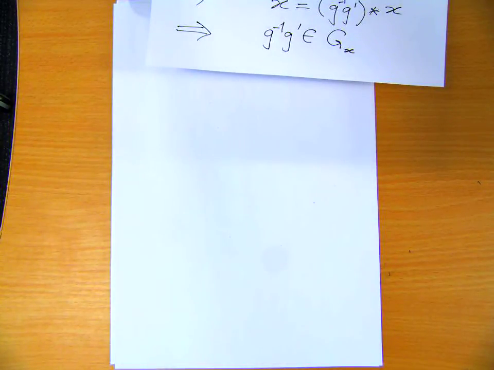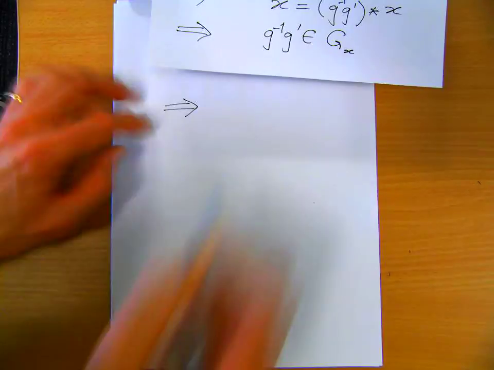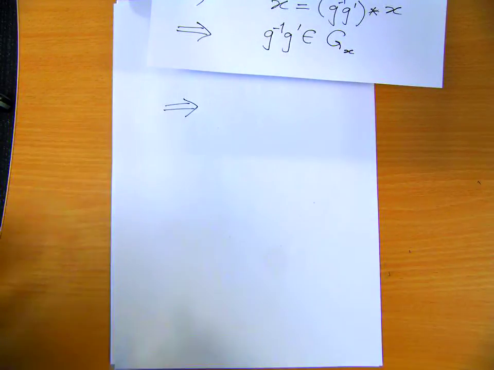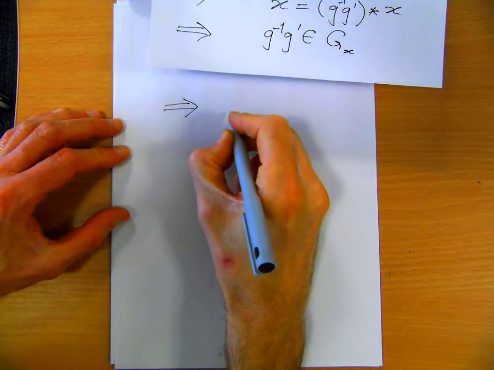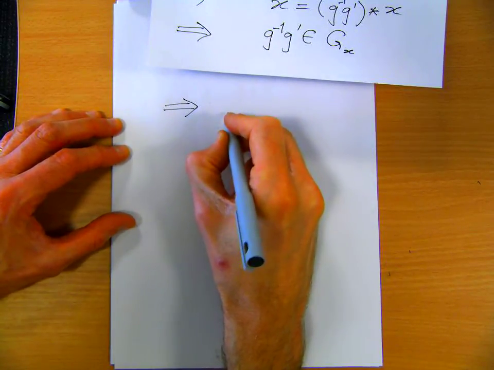So G inverse G prime fixes x, it's in the isotropy subgroup, but that's precisely the statement that G and G prime are related via the equivalence relation that gives rise to the coset partition.